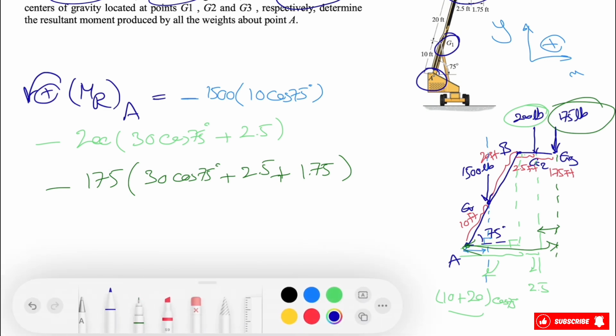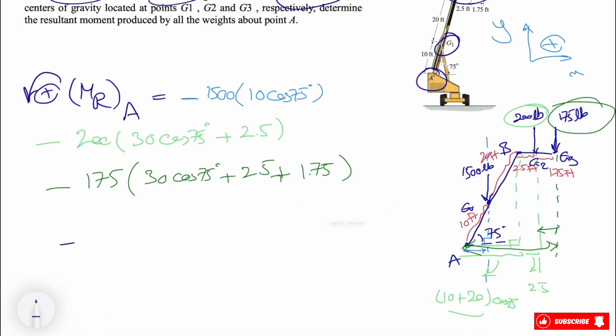And if we calculate this and add all these together, we'll have minus 37.75 pound-foot. And as we know, one kip is 1,000 pounds.